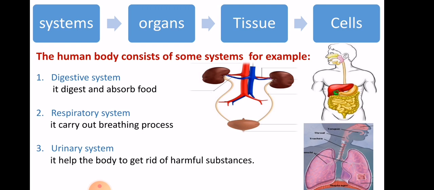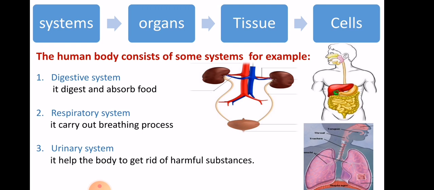But now we have to know that the digestive system's function is to digest food and absorb the food into our blood. While the respiratory system consists of two lungs and the trachea that help us to breathe. So it carries out the breathing process. It is responsible for the respiration of humans and living organisms.